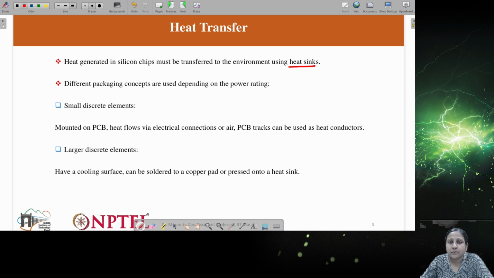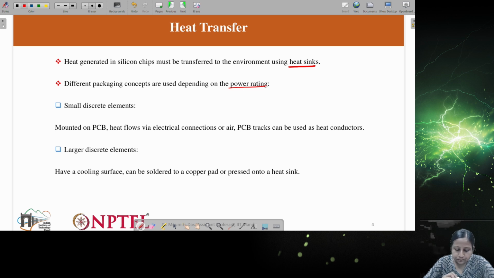In wide bandgap devices also people are using different heat sinks to transfer the heat from the devices. Now different packaging concepts which I have already discussed earlier are used depending on the power rating. So I have discussed two different packaging, discrete and the power module, and Kelvin and non-Kelvin type under these two packaging.